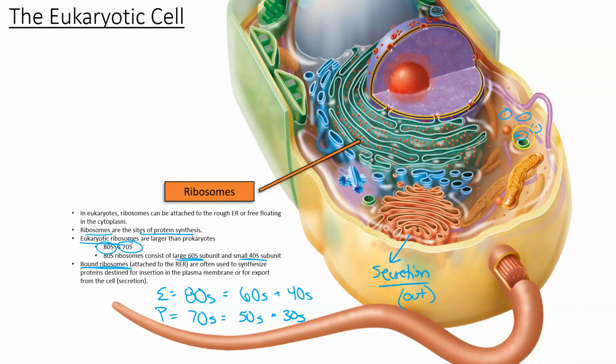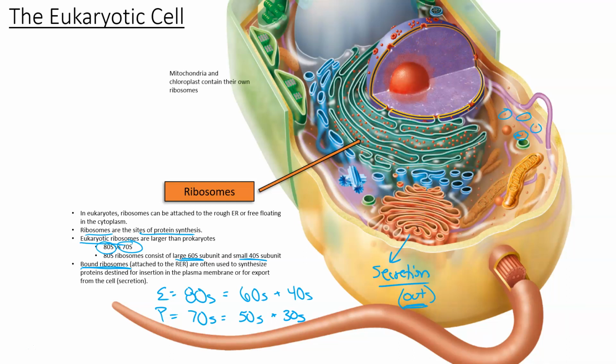The free ribosomes are going to be making protein products that are packaged into vesicles that are kept inside the cell. Bound ribosomes are going to be producing protein products that are ultimately secreted outside of the cell.